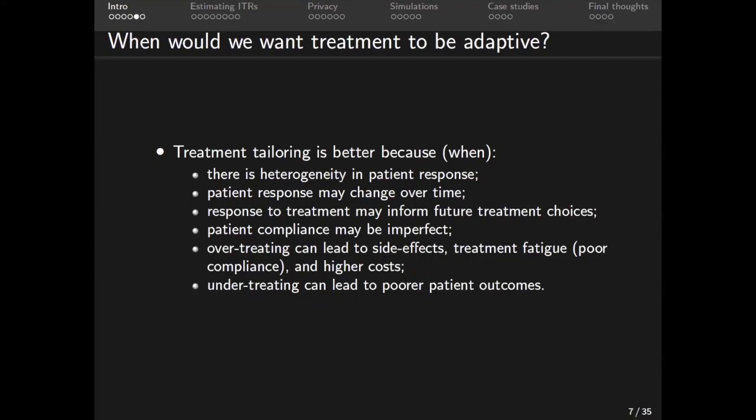So why do I want to adapt or individualize treatment? Well, it's better if there's variability in how patients respond. Right? If we all go and fall down the stairs and we all break our arms, we probably all need a cast. There's not a lot of variability in how we would respond to that. Okay. But the second case study that I'll look at, treatment of depression with antidepressants, is a perfect example.